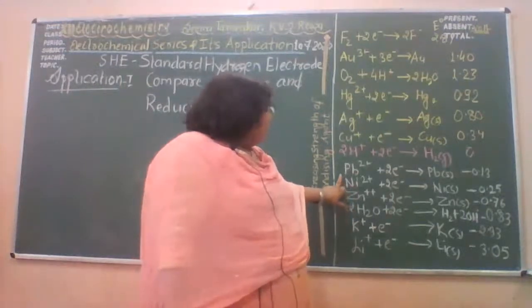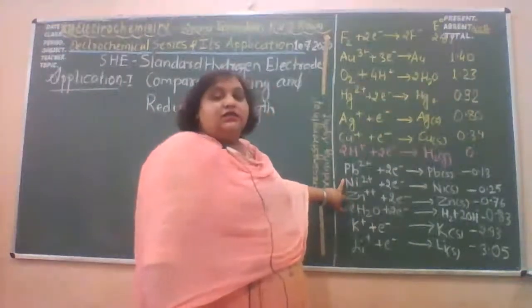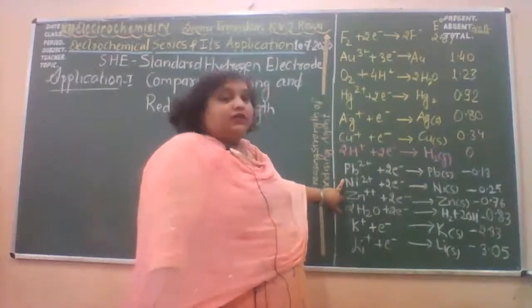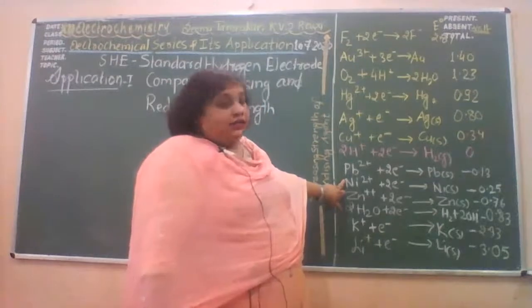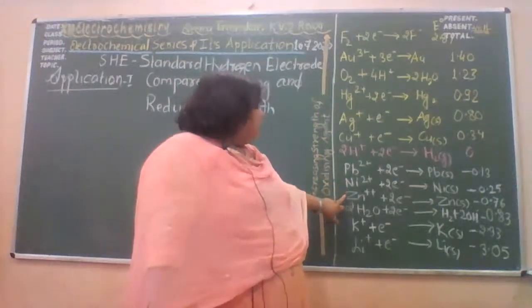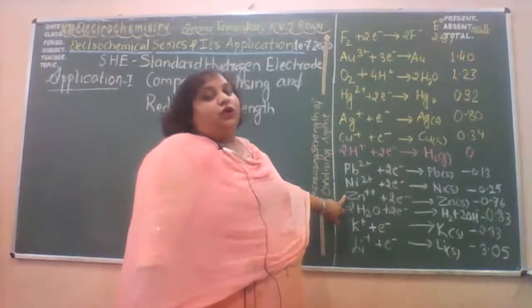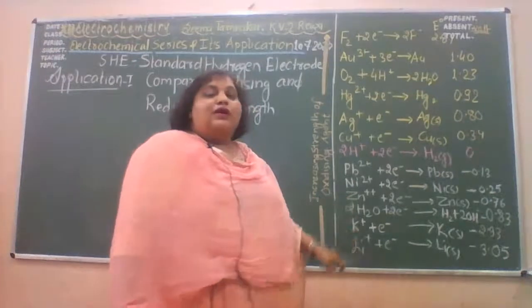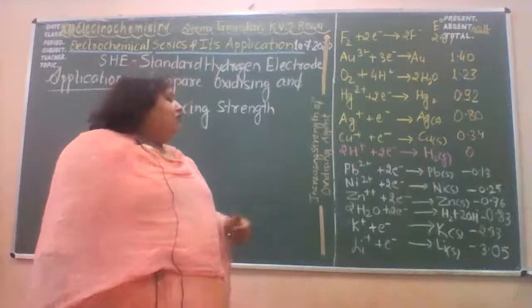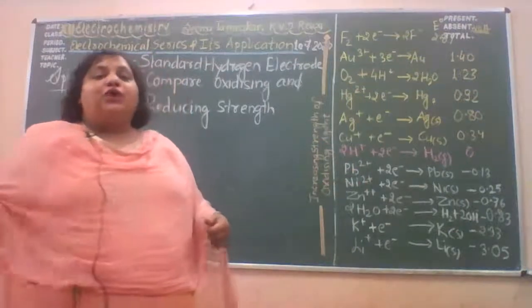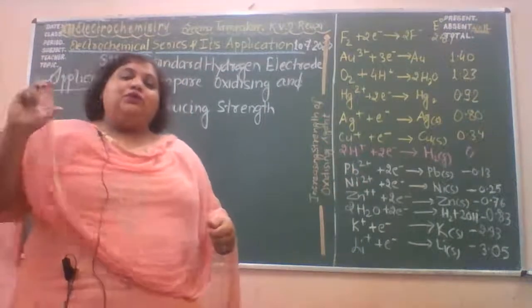In this case, the oxidizing strength of the nickel is more. That means the reduction will take place in the nickel and the oxidation of the zinc will take place. So, my dear students, one question I am asking: can you tell me which will behave as anode and which will behave as the cathode?